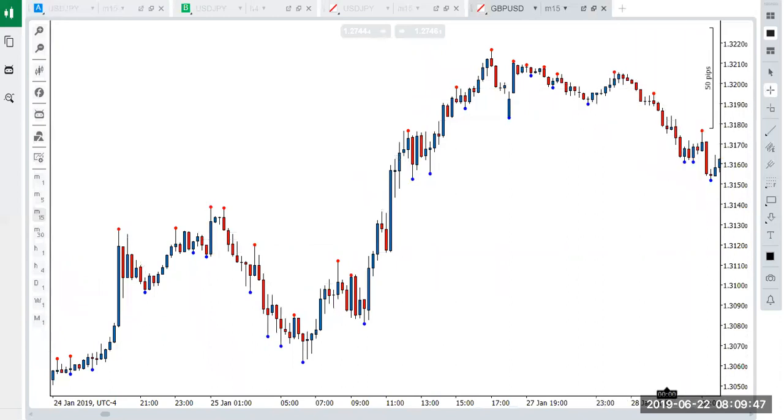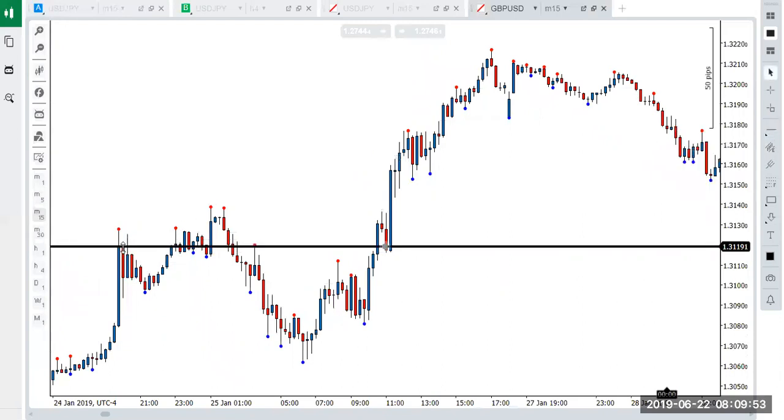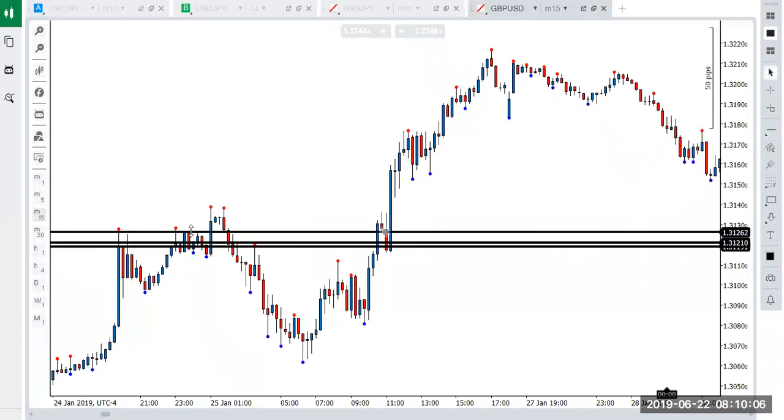All right, so we have multiple trigger prices. We had a trigger price right here, right here at the swing high, we had a trigger price here. And we also had this bearish bar right here. So we have 3 trigger prices in this case.